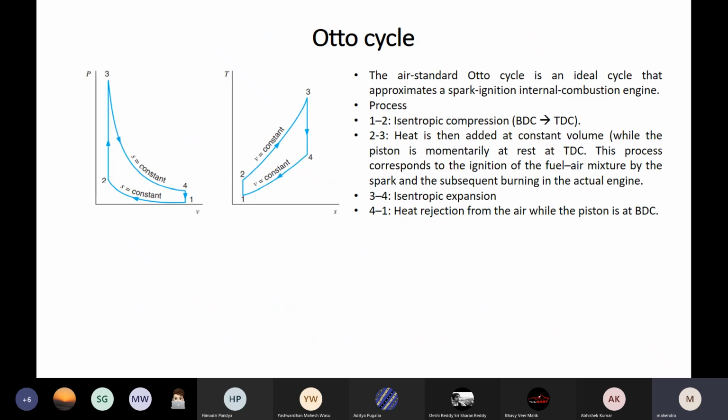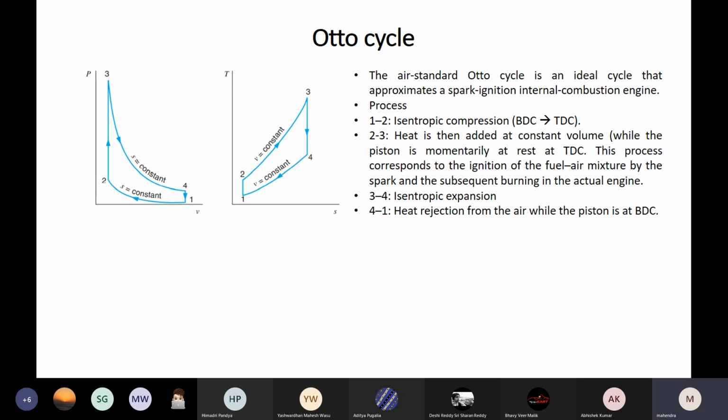The Otto cycle: whatever gasoline or petrol engines are there, those work upon the Otto cycle. What are the processes involved here? 1 to 2 is isentropic compression. 2 to 3.